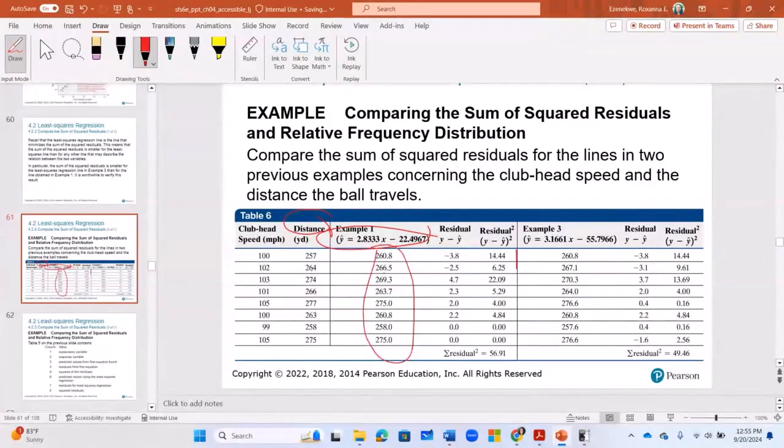How do you calculate the residual? Observed minus predicted. And what does it mean? For each observed, subtract the corresponding predicted.